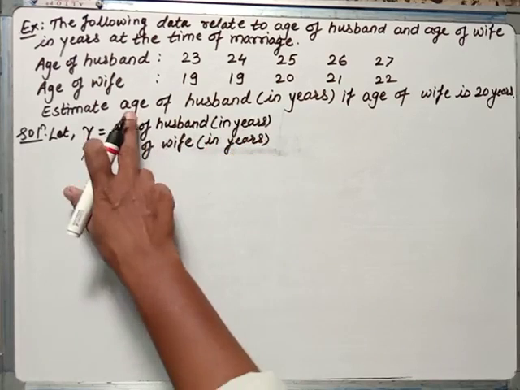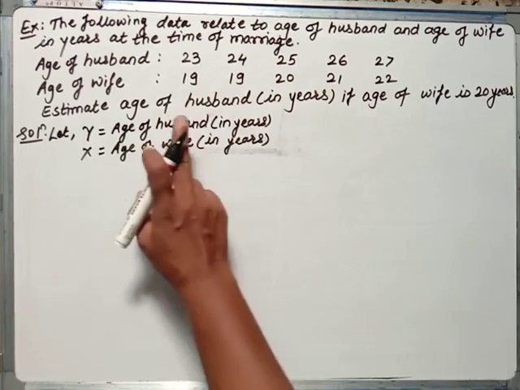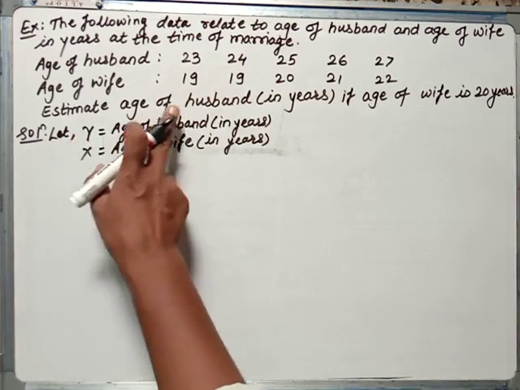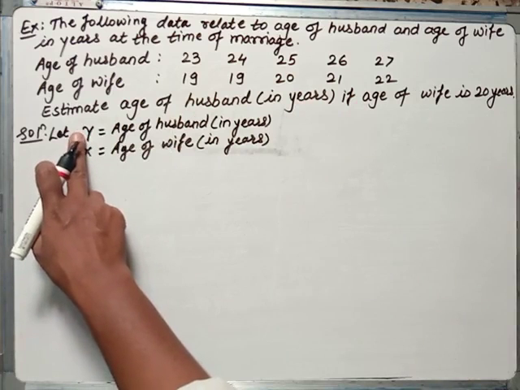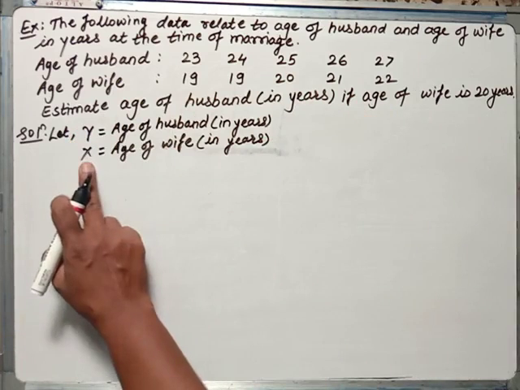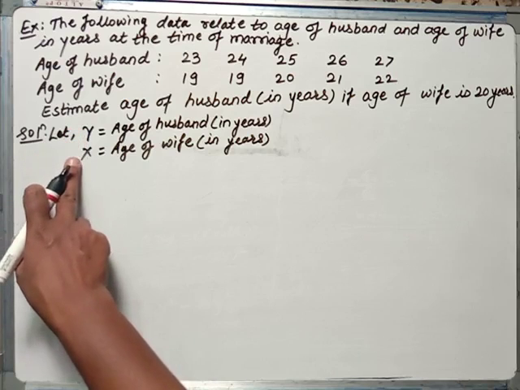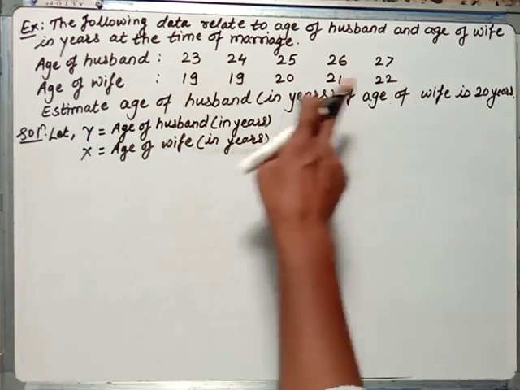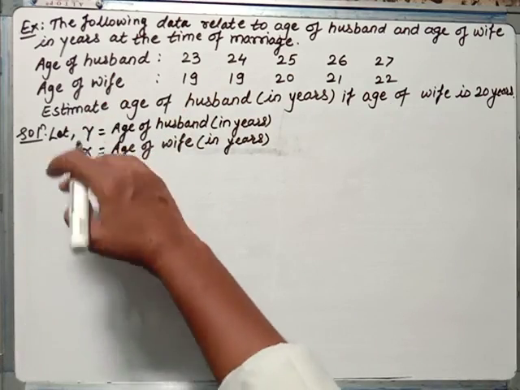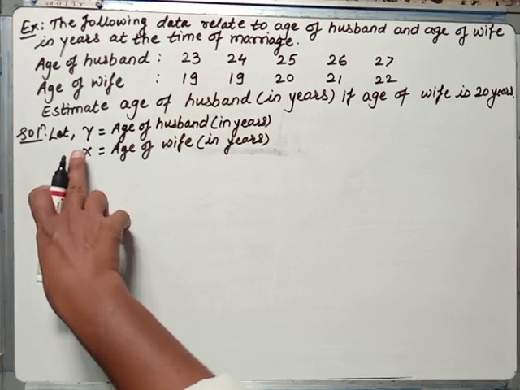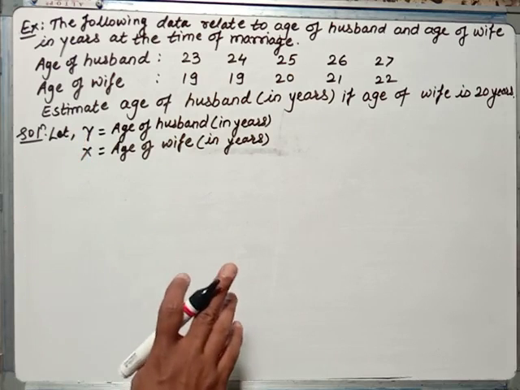We have to determine the age of husband when the age of wife is given, so let me assume age of husband as y. Then I must determine a line of regression of y on x, because x is the given value and y is unknown for us. Or if you assume them the other way, then you need to determine a line of regression x on y.